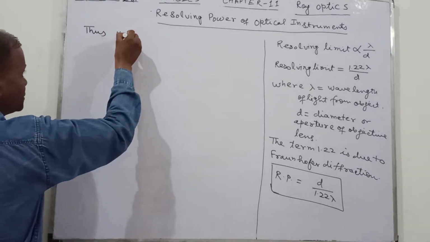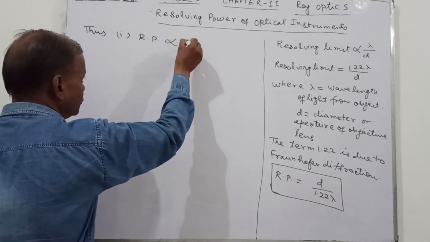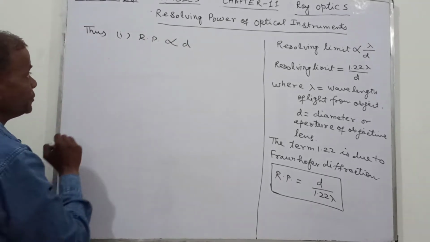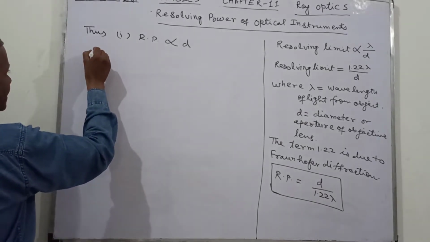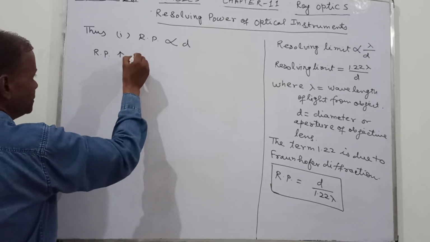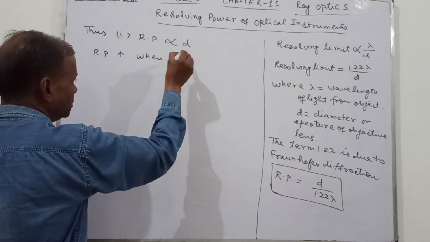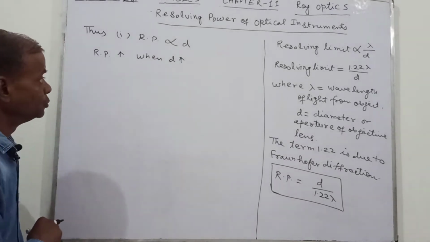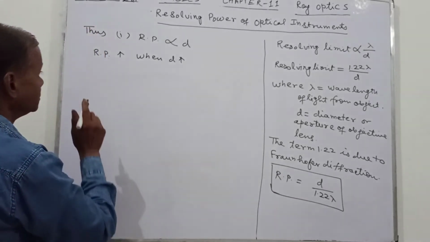Thus, first, RP is proportional to D. It means what? RP increases when D increases. So larger the aperture, larger is the resolving power.